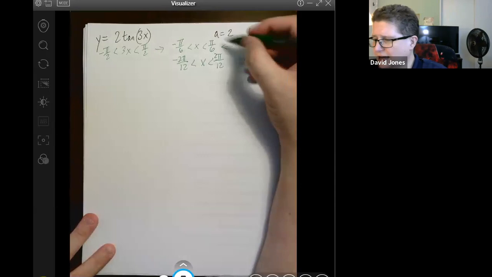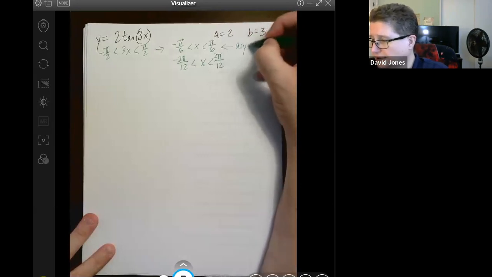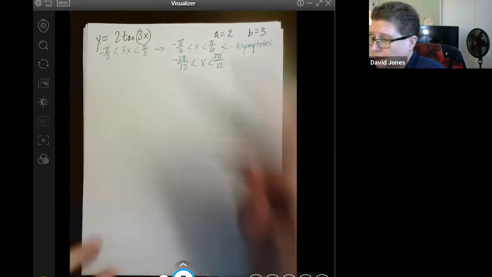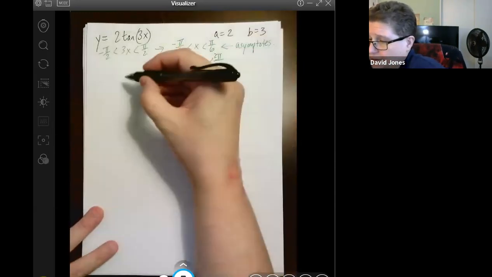Those show my asymptotes. The asymptotes are easiest to see there. So every π/6, I have an asymptote.